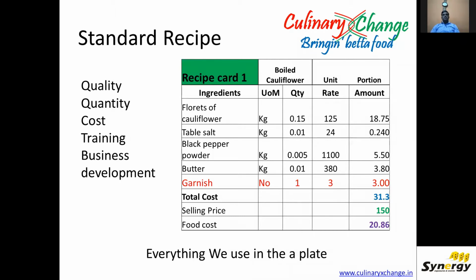Next, we also do it to make sure we use the right quantity of ingredients in the production. Also, we provide the right quantity of food every time to be served to the customer. This is again consistency in profitability. Cost of all ingredients can be managed with this.